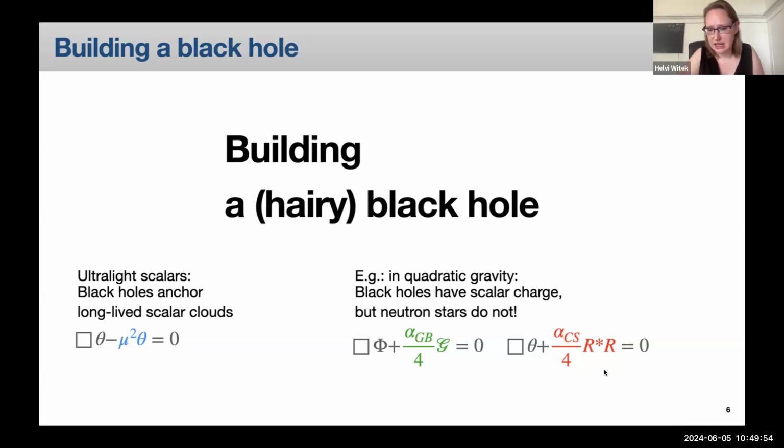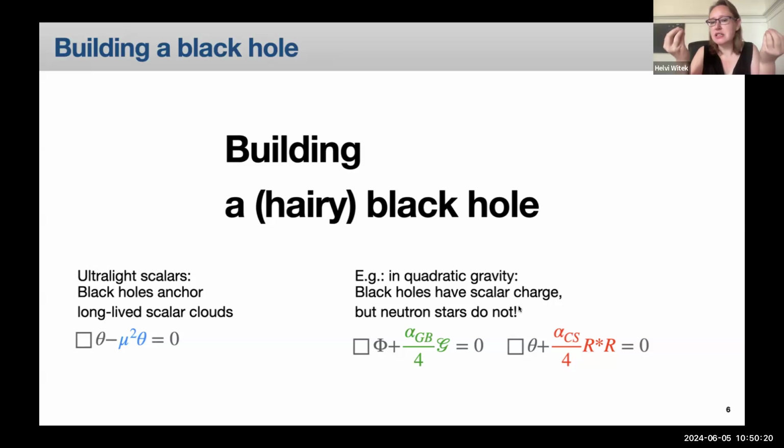And here on the right-hand side, very similar. This Pontryagin density is non-zero if your black hole is rotating, and again, will source this theta field, even if you start your evolution with a zero field. Okay, so one item I have here is that black holes have scalar charge, and by charge, I really mean the leading order contribution in my scalar field.